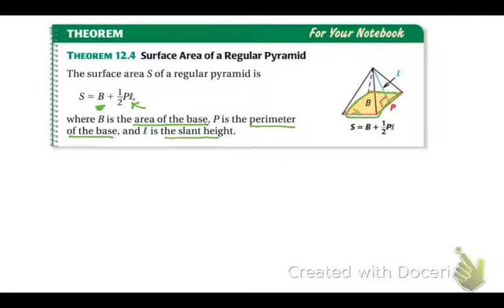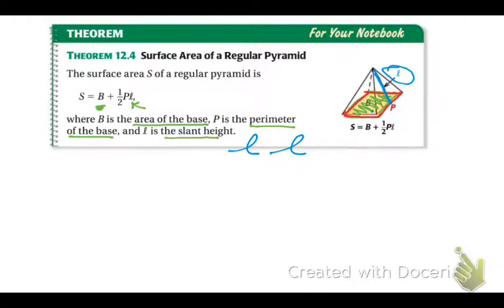The area of the base is this yellow part down here. P is the fence, the line around the base, and the slant height is going to be this line right there. The line is actually on the face that's slanted. Notice that the letter we use for slant height is a script L. And remember that your base can be any regular polygon, so its sides are going to be straight. There are no circles in there, and the sides are all equal.